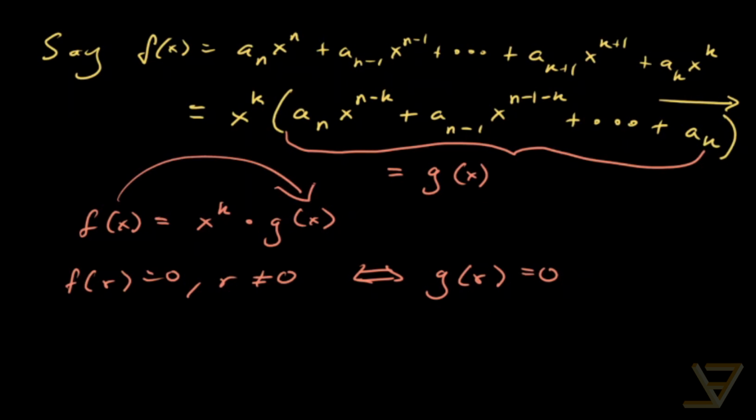So we can translate between the two. So what that tells us is that we can apply the rational root theorem to g. So if you know that there is a 0 root of f, you can factor out the greatest power of x that you can from f, and then just apply the rational root theorem to g with leading coefficient a_n and constant term a_k.